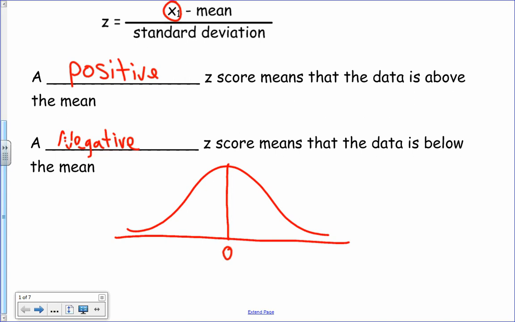All right. Now, one thing to keep in mind, the chart that you got, the front and back chart, on one side you have negative z-scores. You guys see that? One side's negative, the other side's positive. Don't lose this chart. You're going to need it. Okay? The chart, this is key. You want to write this down.